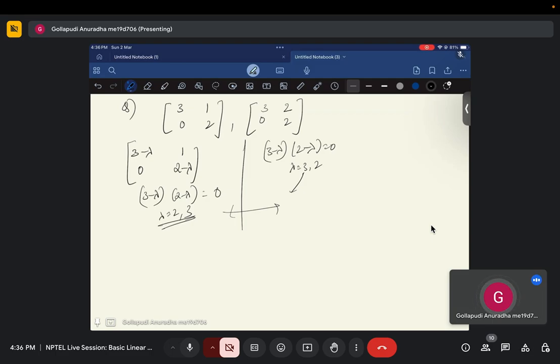So isometry basically, we have seen various questions on that. We went through the definition of a linear transformation being an isometry. We said that it should preserve both the length of the vectors as well as the angles between the vectors. If that is the case, then we can say the linear transformation is an isometry.